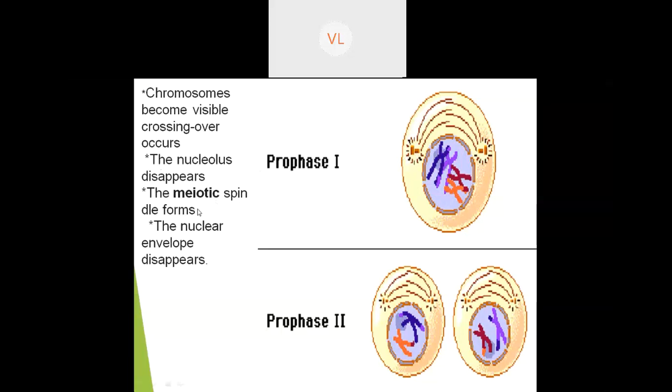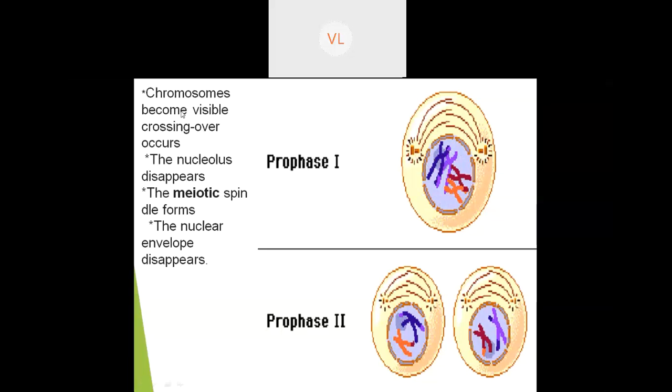Meiotic spindle forms means these lines are the spindle fibers, so here you will get spindle fibers. And slowly the nuclear envelope also disappears. This is the nuclear envelope, and this is the nuclear envelope. It will start disappearing. So this is about prophase 1.